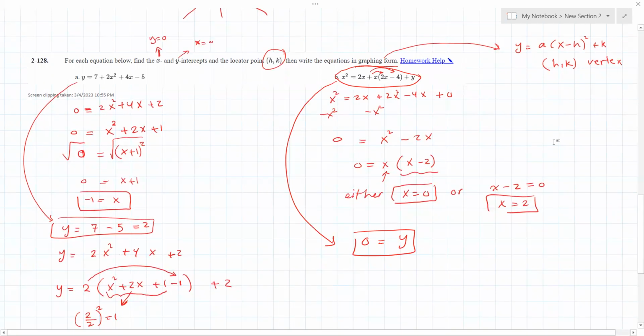So I need to get y isolated in this equation. So to get y isolated, we move everything to the left-hand side. I mean, we need to distribute here x times 2x and x times negative 4 and move them to the left side.